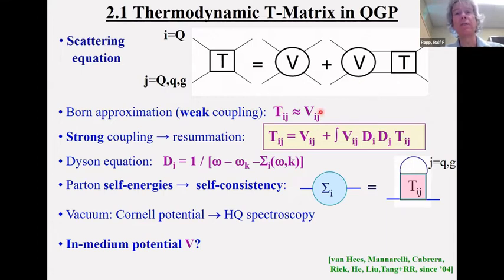Now you can recover the perturbative limit in terms of just the leading order of the potential. But if that potential is large, then a perturbative expansion will not work. And in fact, we have seen explicitly that this is so, for example, for the heavy flavor transport coefficient, where the next-to-leading order is a factor of 5 or more larger. That simply means the perturbative expansion doesn't work. So we really have to resum it.